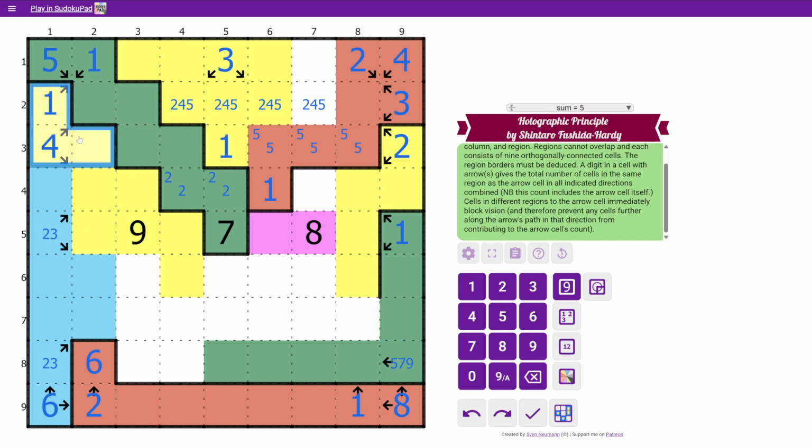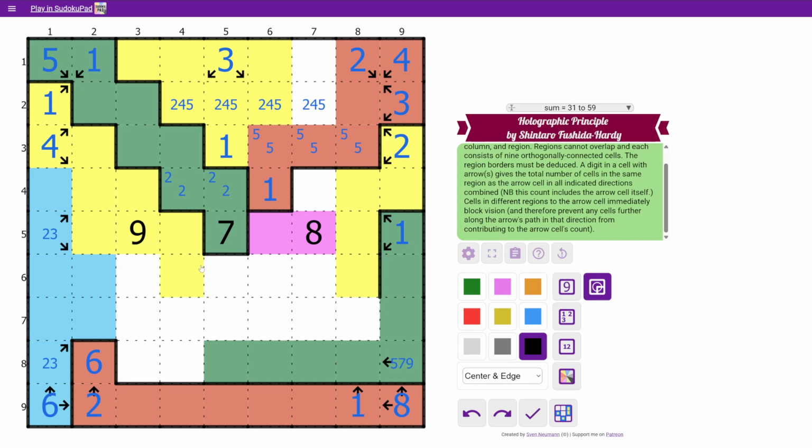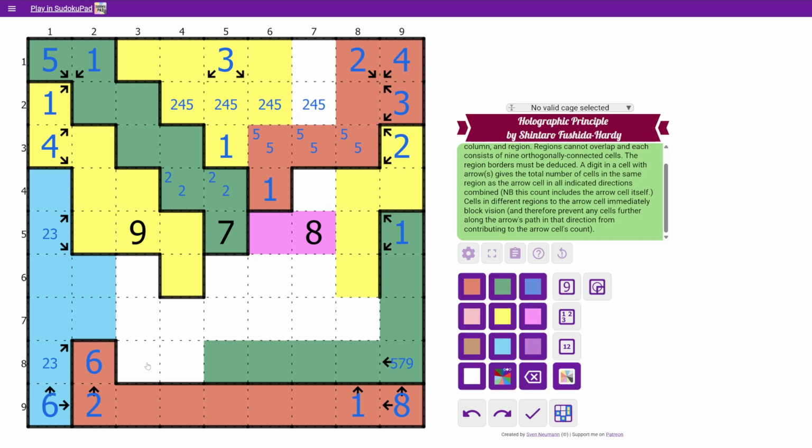I think yellow is done. 3, 4, 5, 6, 7, 8, 9. It is. We can draw it in. And also, this is 8, I believe. Yes.